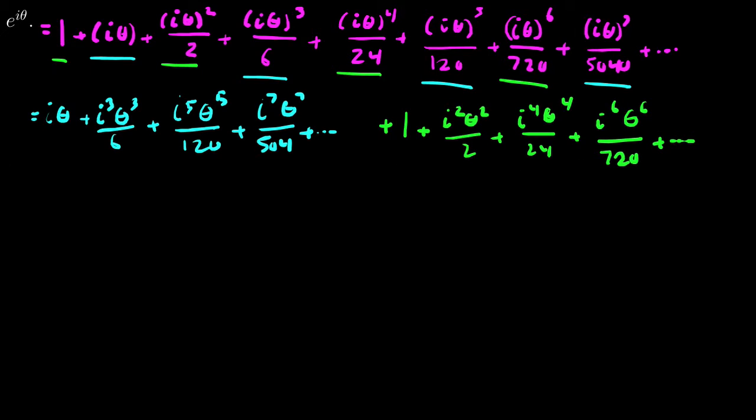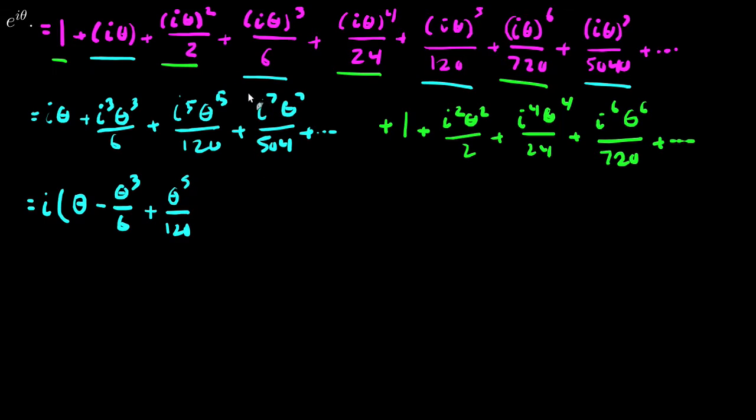And here's what happens. If I factor an i out of this first group, I get i times theta. I'll have an i squared left over, and i squared is negative 1, so I have minus theta cubed over 6. I to the fourth is positive 1, so plus theta to the fifth over 120.